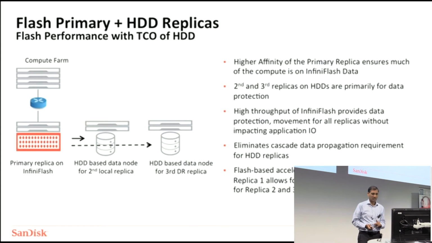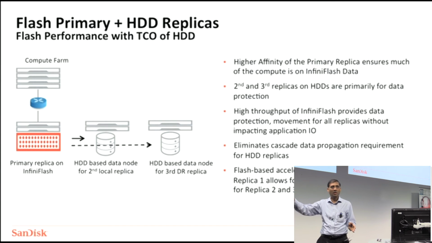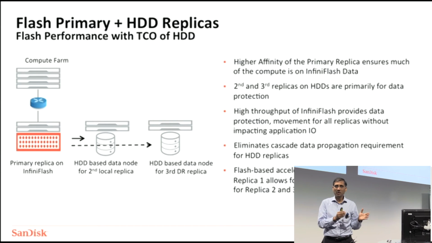And there's one customer that's trying this out by keeping the primary copy on flash and the secondaries on the hard drives. You can set a higher affinity to the primary copy, so most of your reads keep happening just on the primary copy, right? Because you have a lot of bandwidth coming out of this, they're completely fine with that. Obviously, your writes are going to be limited to what the hard drive can handle.